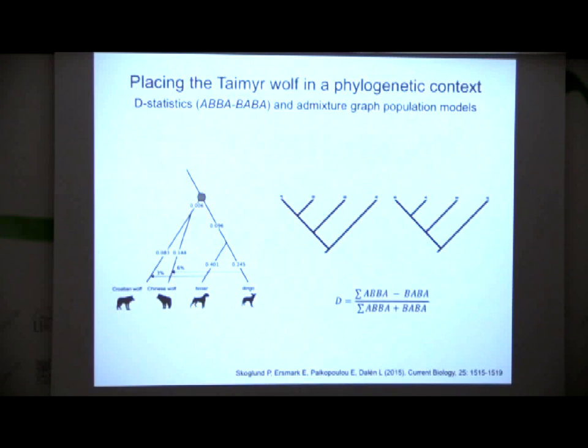So we can test this using what is famously called the Abba-Baba test, or the D-statistic. And when we do this, basically you mine your genome sequences for sites that are polymorphic, where your outgroup has one variant, and then your donor population has the other SNP, and then your two potential recipient populations are variable, or they differ from each other.